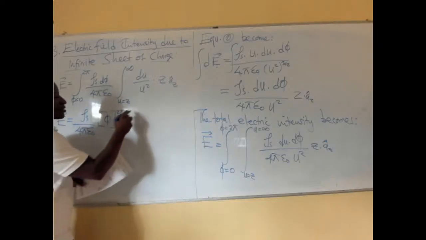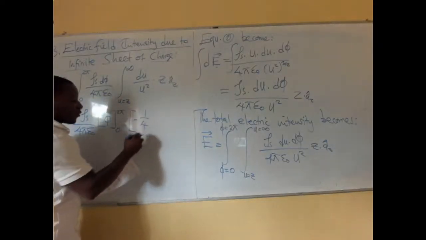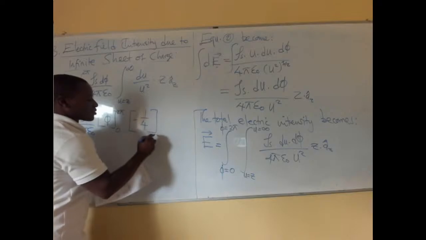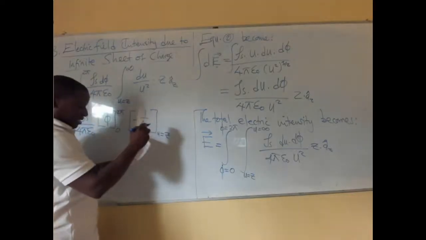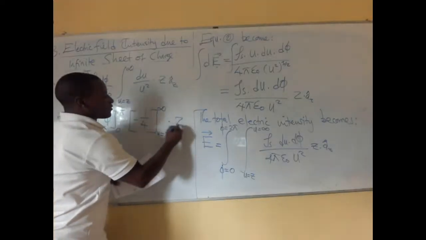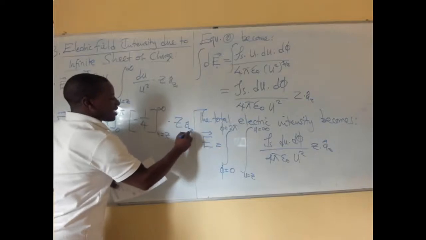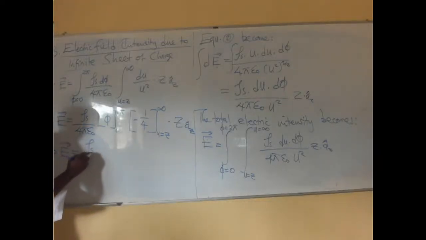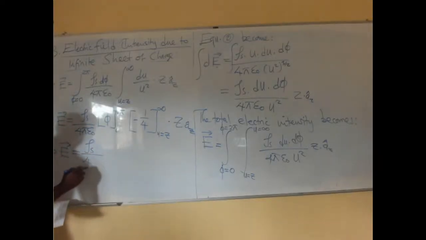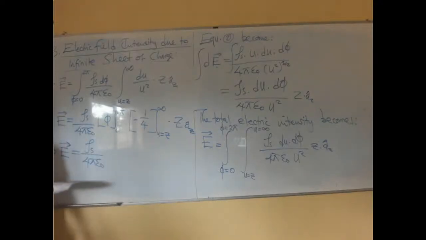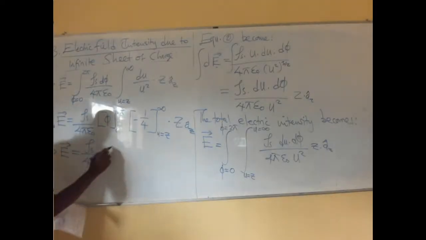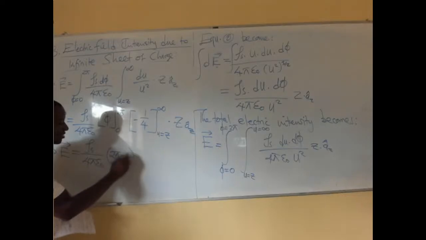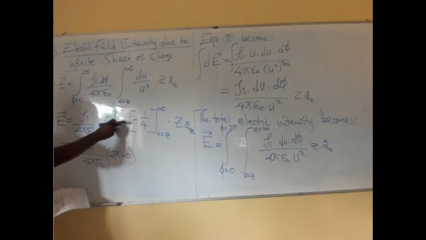When you integrate that, what you get is minus 1 over u, where u goes from z to infinity. Then we have z, az as a unit vector. So E must be equal to a surface charge density, which is a constant, divided by another constant, which now gives us 2π minus 0.